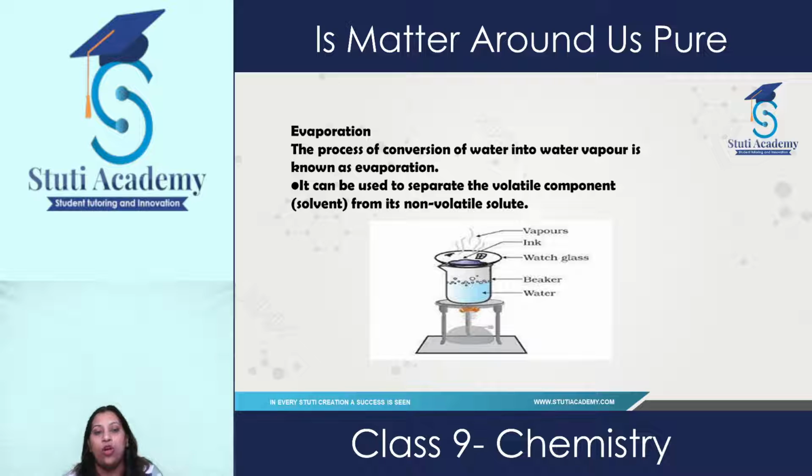An example of a substance we use for this separation is ink. Suppose we have taken a sample which is a combination of blue or black ink.